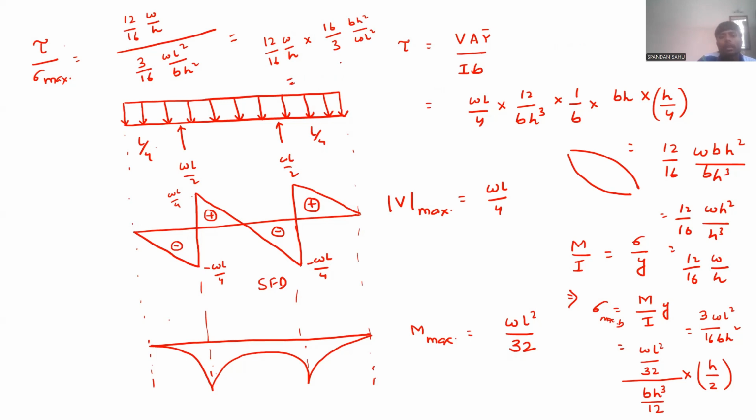It is coming out to be B H square, and 12 by 3 will be 4 B H square upon H L square. So it will be 4 B H upon L square.